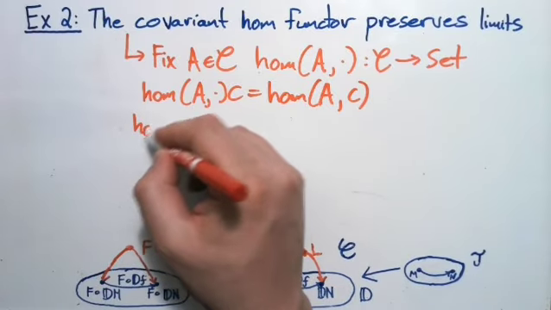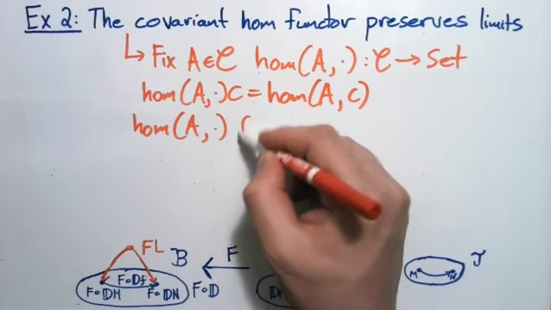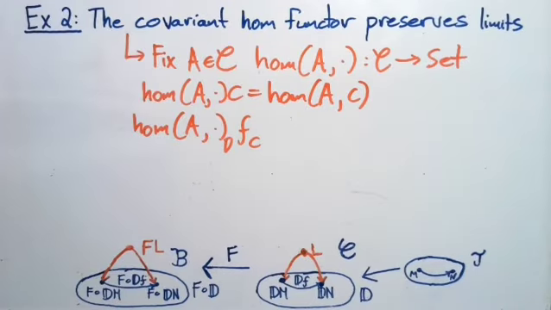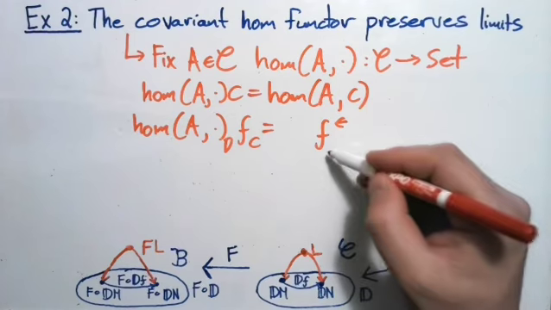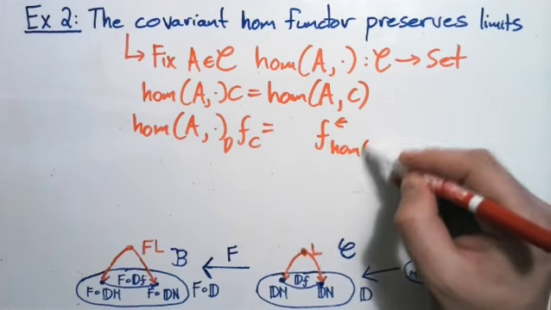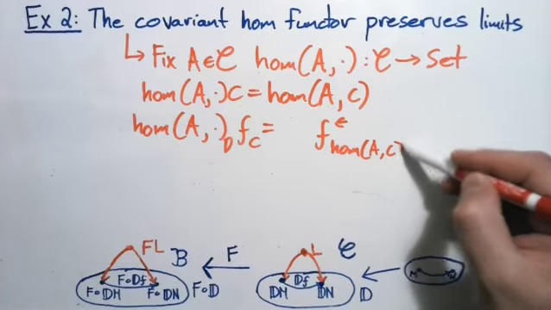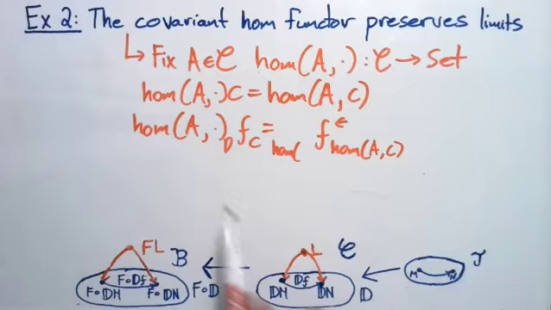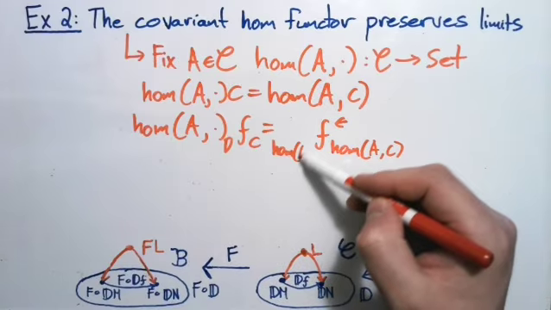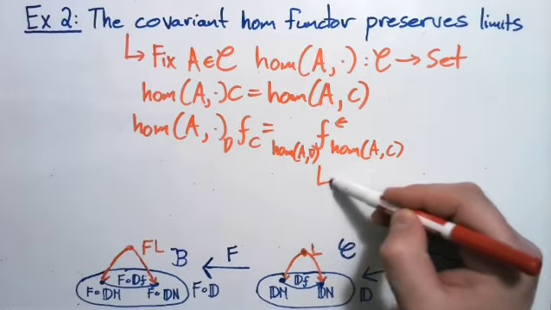And when it takes in a morphism, say f going from C to D in our category C, it gives us back the follow-by-f function, which takes in morphisms in the hom set from A to C and returns morphisms in the hom set from A to D. And follow-by-f is just defined pretty obviously.